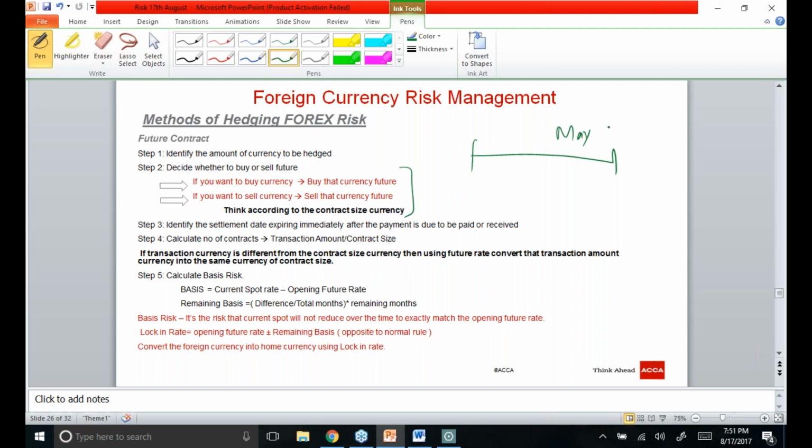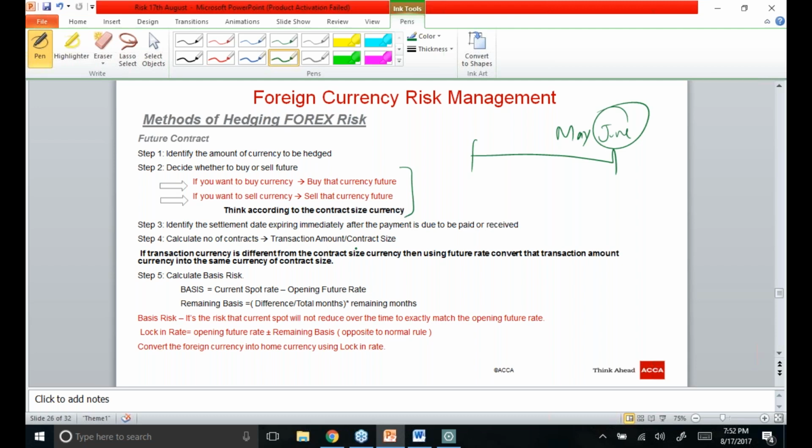So which contract is immediately expiring after May? That is June. Select June. So if you are going to receive in May, select the June contract.